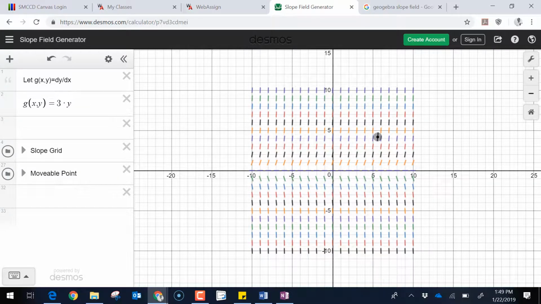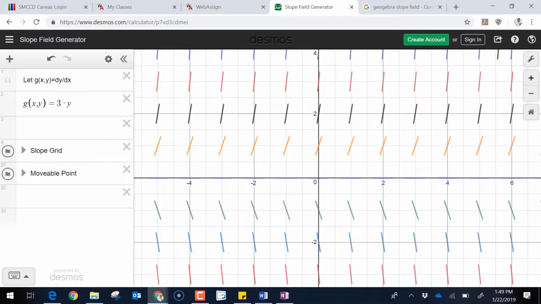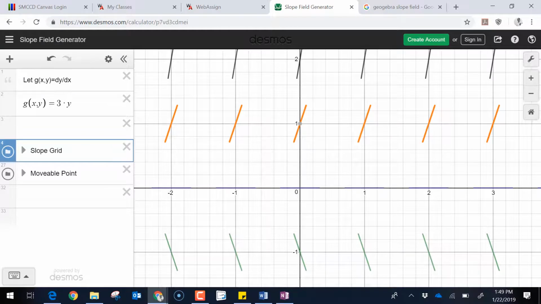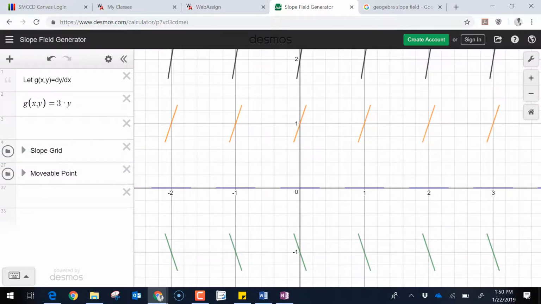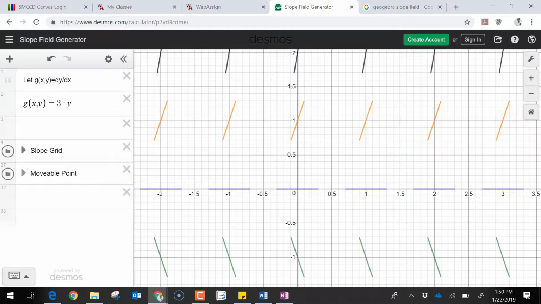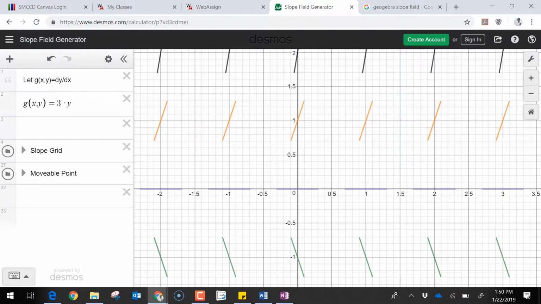There it goes. How can I adjust this? Anyways, do you notice a pattern?